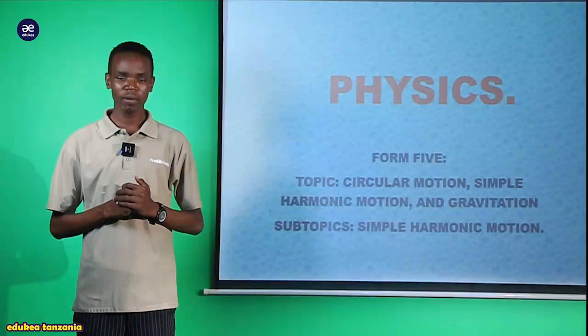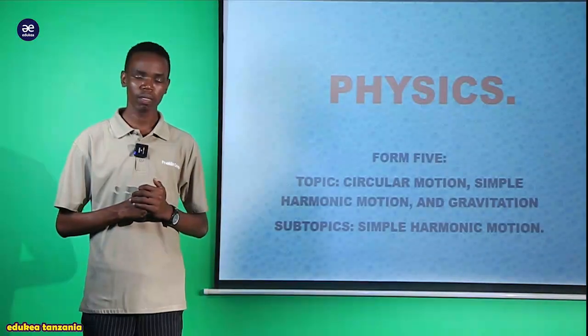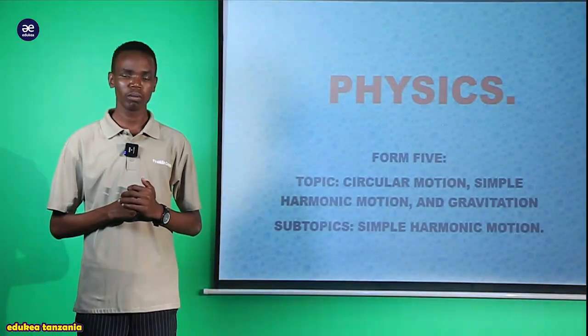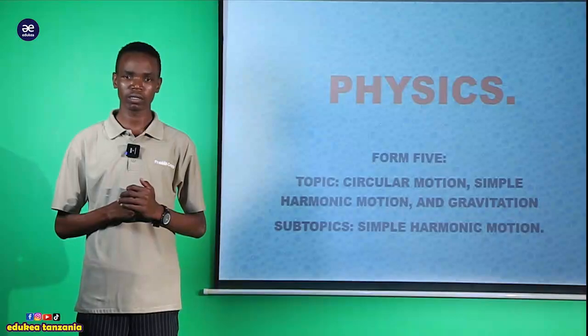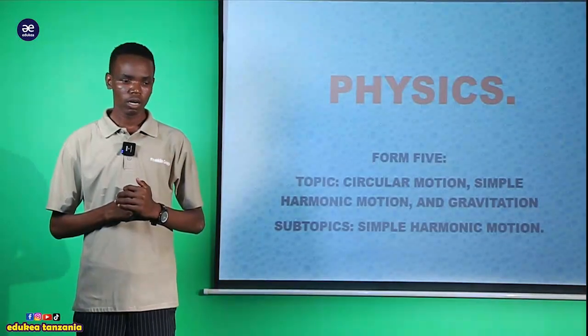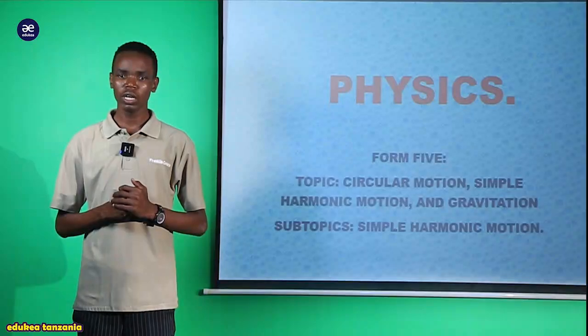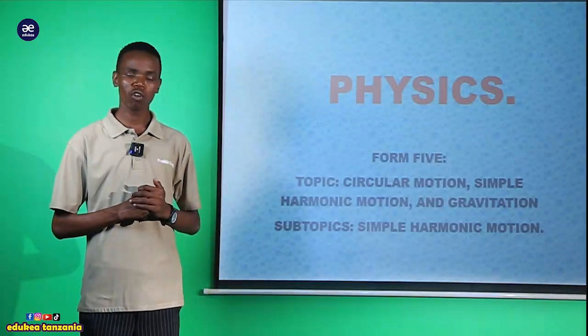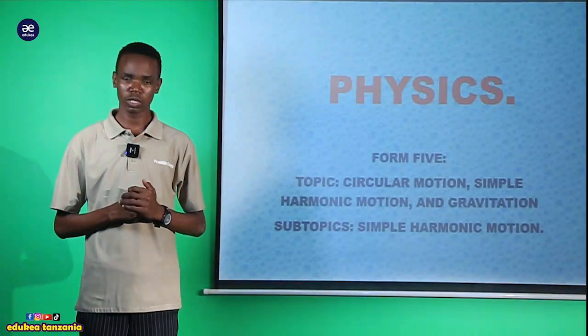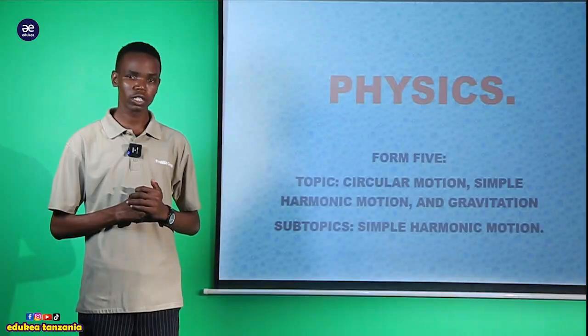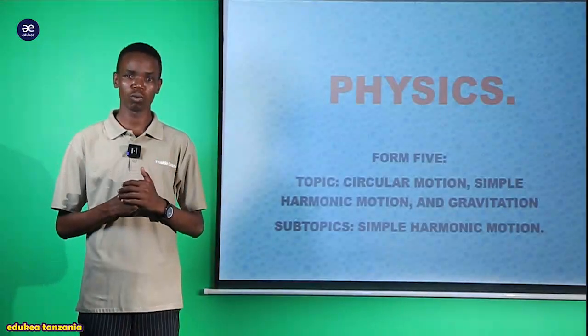But before we continue with our discussion, we are supposed to remember what we saw in the last session. In the last session, my dear student, we tried to demonstrate the formula for obtaining the period of a floating test tube in a liquid.